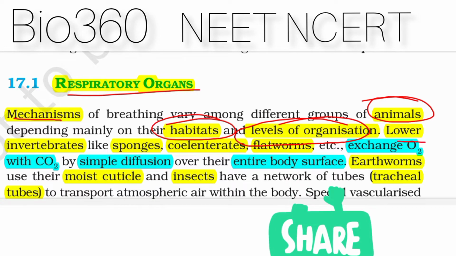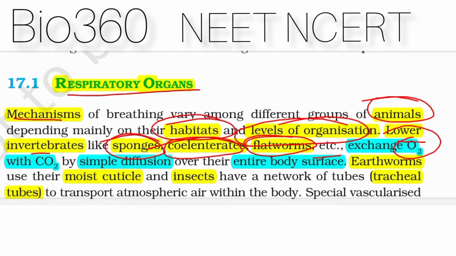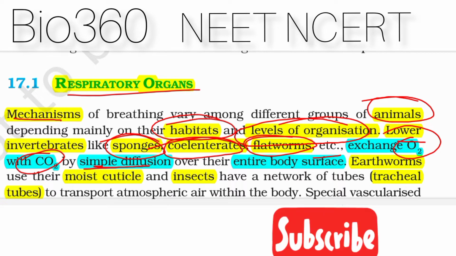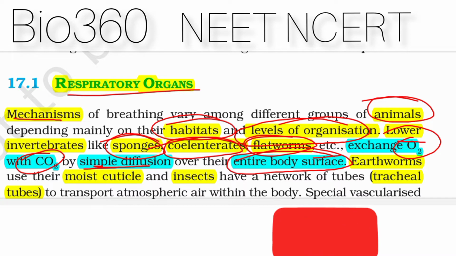So the lower invertebrates such as sponges, coelenterates, flatworms, etc. exchange oxygen with carbon dioxide by a very simple process known as simple diffusion through their entire body surface, whereas earthworms use moist cuticle.